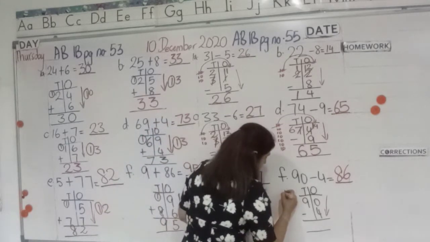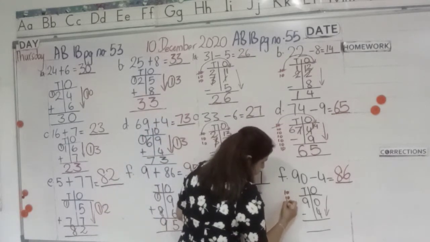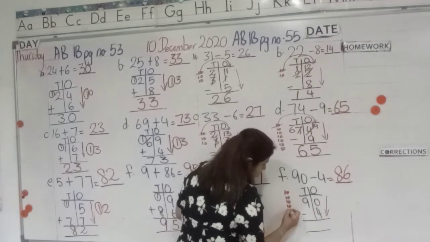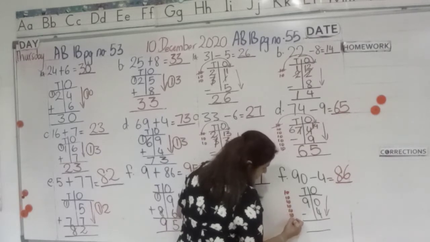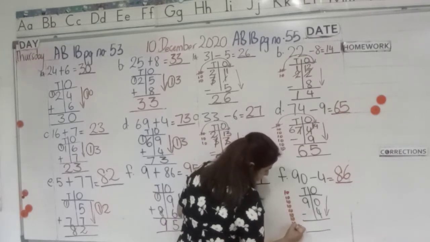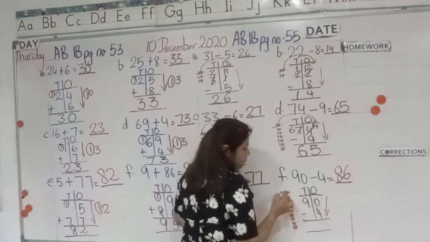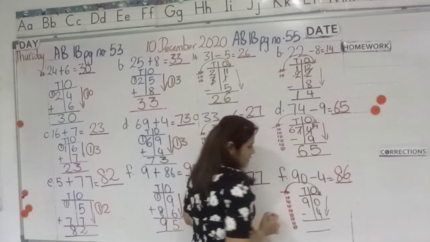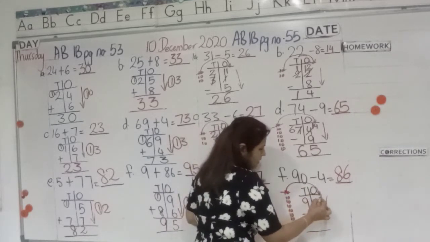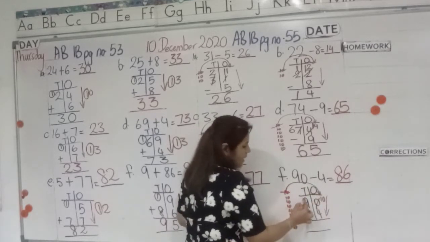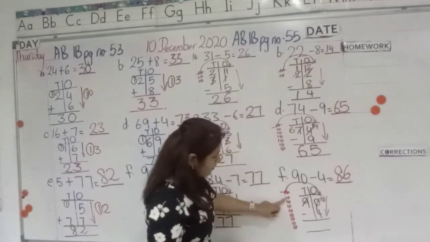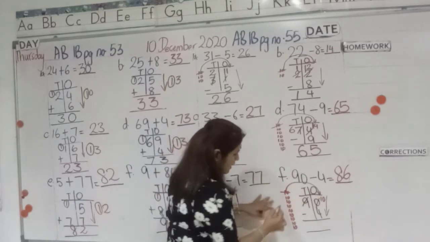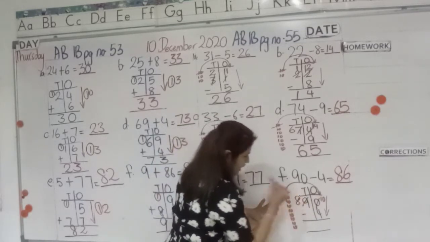9 tens. So write down 1, 2, 3, 4, 5, 6, 7, 8, 9. So you have to take away 1 ten and send it in one's place. So this 10 plus nothing makes 10. And now, earlier there were 9. So 1 went over there. So you're left with only 8.